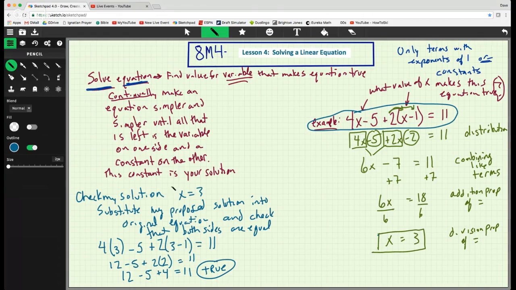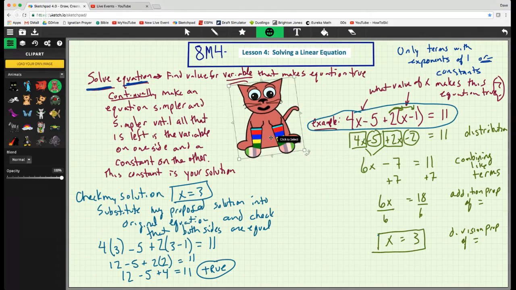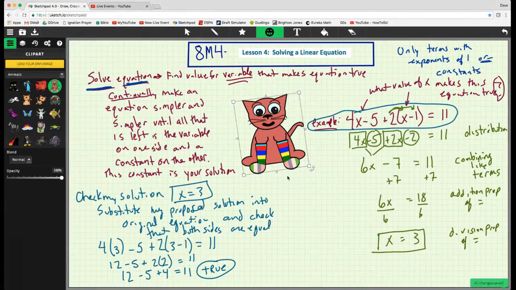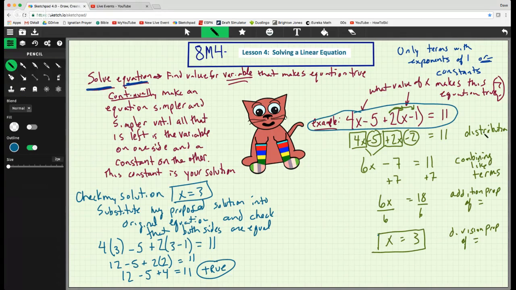So my solution is indeed x equals 3, happy cat. So that's what we're going to do today, solving equations. And that's all lesson 4 is about: solving equations and really justifying each step along the way.